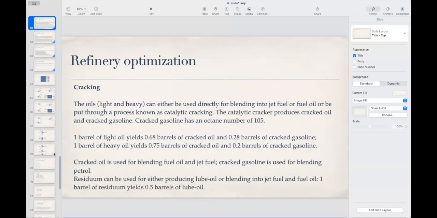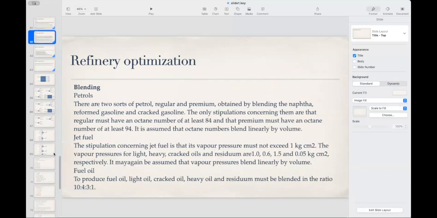You see that this information makes you vulnerable to mistakes, because when they give information regarding the vapor pressure, the order is light, heavy, and cracked oil, and residue.